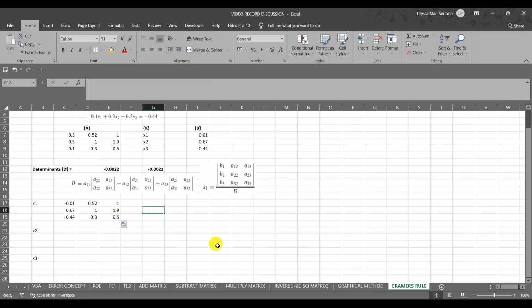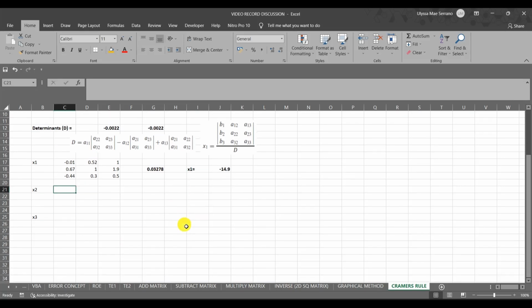For the result, we can simply use the function in Excel. So MDETERM, which means finding the determinant of the matrix, select the array, and simply click enter. And we already have here the value for our numerator. And for our x sub 1, it will be equal to the numerator divided by the denominator.